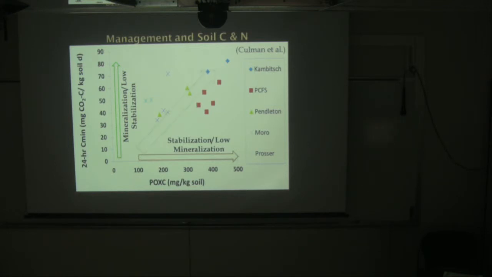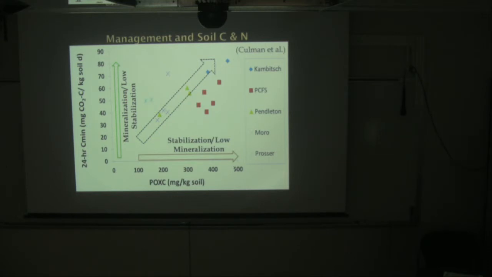And then a combination of these two, which is kind of a general trend across the sites, would be increasing mineralization potential while also stabilization, which might be considered ideal. So the idea is to understand how different management practices move a particular soil around on the spectrum with a particular management goal in mind.